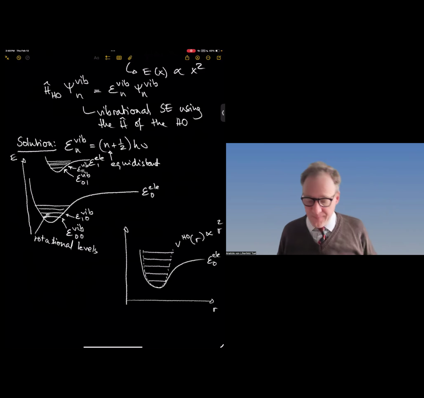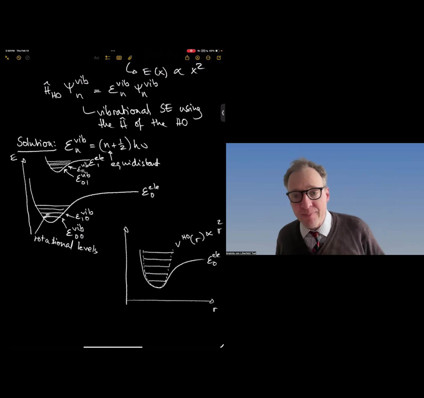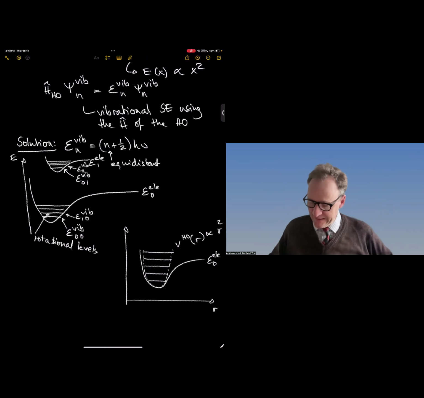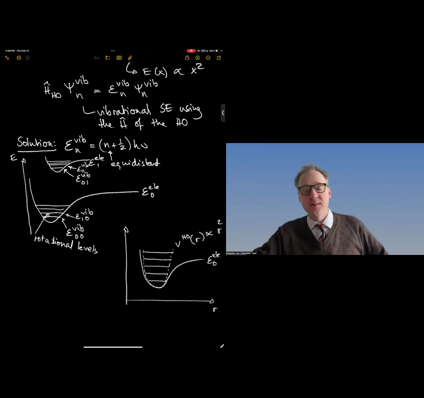Now, this becomes particularly problematic as you start populating vibrational states that are higher up, right? So if you start heating your system, then the harmonic oscillator is a poor approximation.